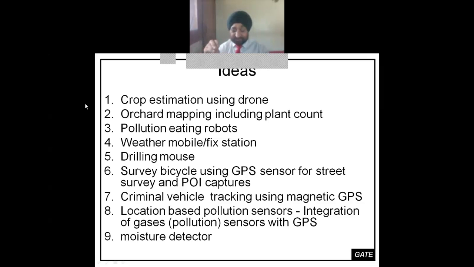Transformer location. Criminal vehicle tracking using magnetic GPS. For example, if police has a suspect that this particular person is a drug dealer or drug peddler or doing something wrong, what they do is put a magnetic GPS in their car, and wherever they are going, and where they are stopping, the police can identify which place they are going and how much time they are stopping.